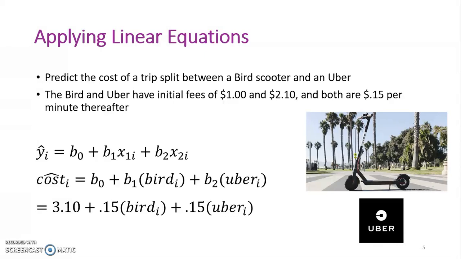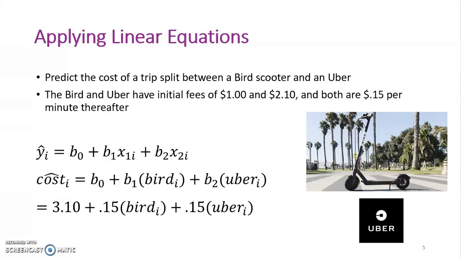And let's say that for the sake of this example, that both modes of transportation are 15 cents per minute thereafter. We can model this in this multiple regression equation. So because we have to use both modes of transportation and we have these initial fees, our new intercept is now going to be 3.1 or $3.10.